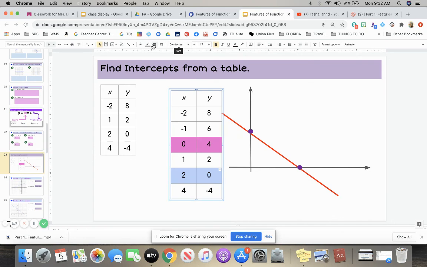So those are our intercepts. So find the intercepts from the table. That's how we find the intercepts. When x is 0, y is 4. And when y is 0, x is 2. That means that is where the line is crossing the axes on the graph.